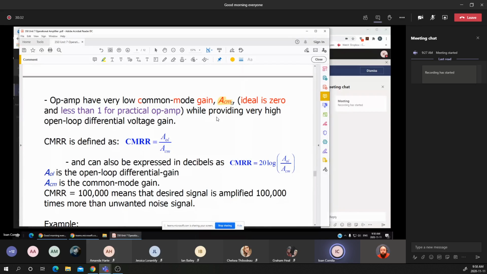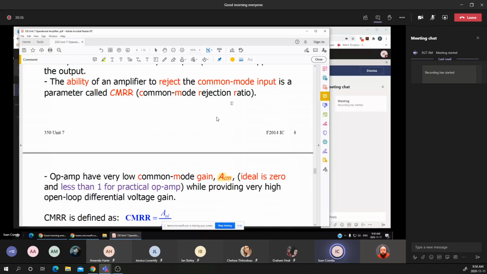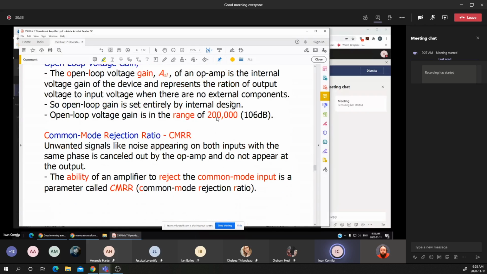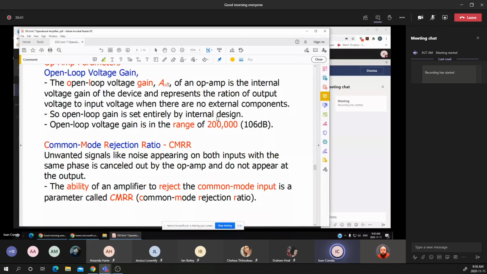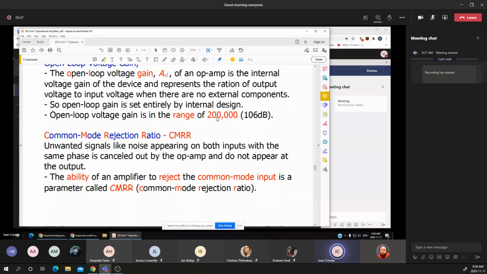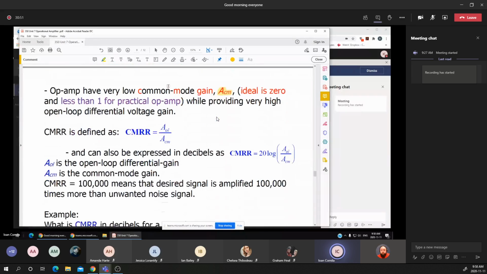Means that up to this point, we talked about the open loop gain, that's the AOL, which has a very large value and is given as a parameter in problems, or it's defined by the manufacturer.